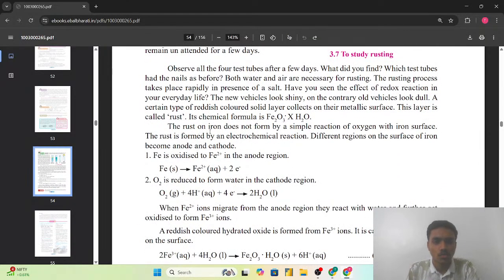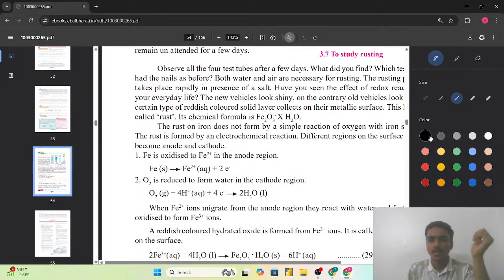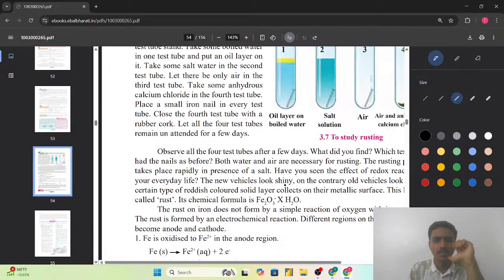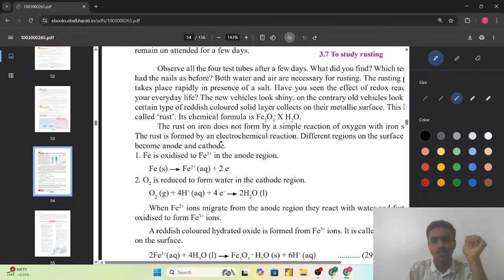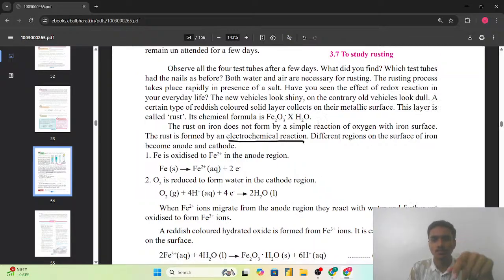So the rust on iron does not form by a simple reaction of the oxygen with the iron surface. The rust is formed by an electrochemical reaction. This is again one of the important parts कि इलेक्ट्रोकेमिकल रिएक्शन। अभी हमने तो देख लिया कि केमिकल रिएक्शन क्या है, इलेक्ट्रोलिसिस हमने देख लिया। So ये इलेक्ट्रोकेमिकल रिएक्शन क्या है, that is the reaction which is occurring by electrochemical means.